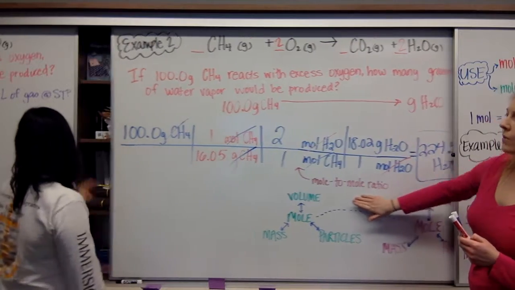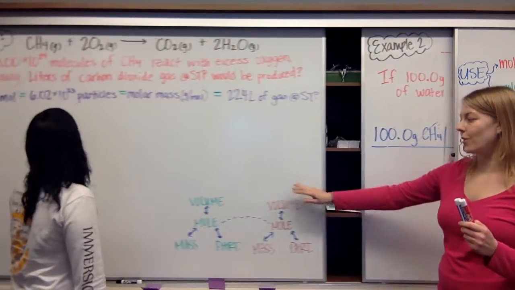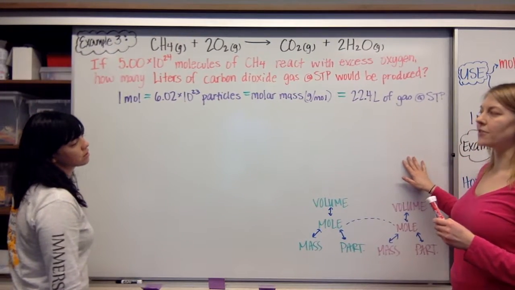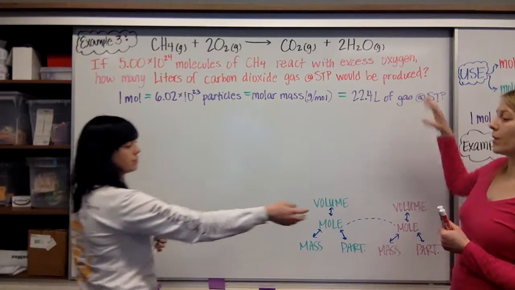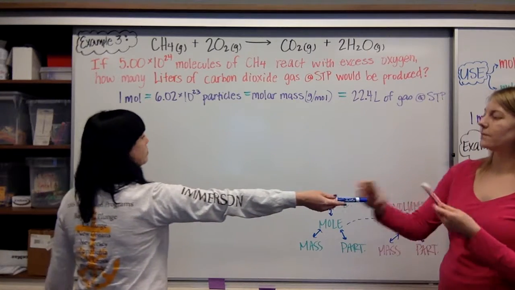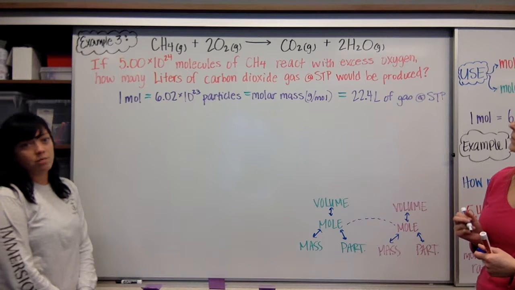Okay. One more example. This time, instead of going grams to grams, we're going to throw in a few more complications, all right? You guys have done the equivalency factors using moles and particles and liters, all right? So we're going to actually incorporate that into this problem, okay? You're writing. I'm writing. Okay, so we're using the same already balanced equation.